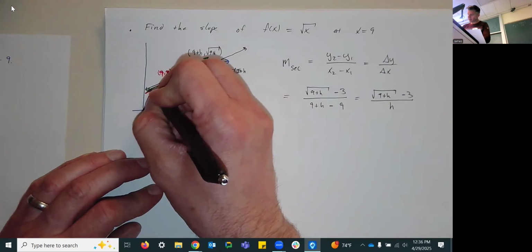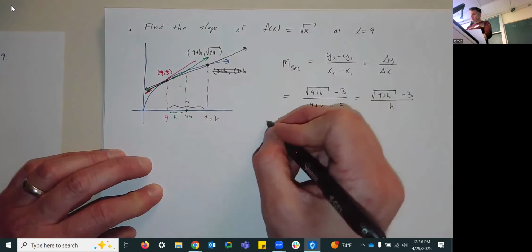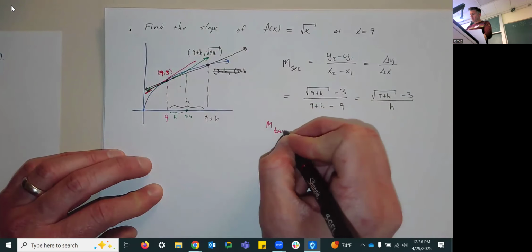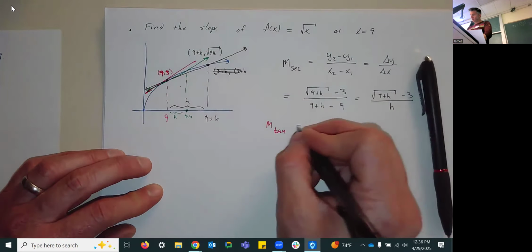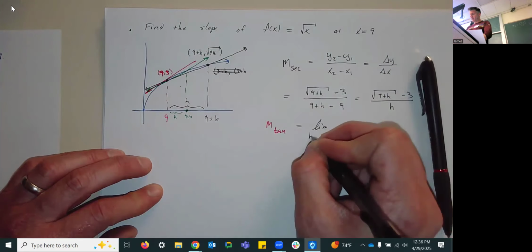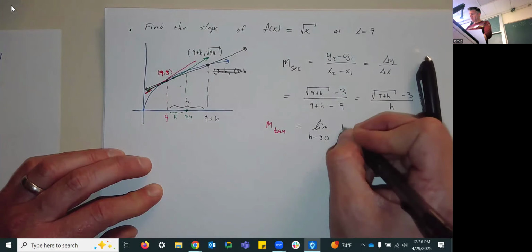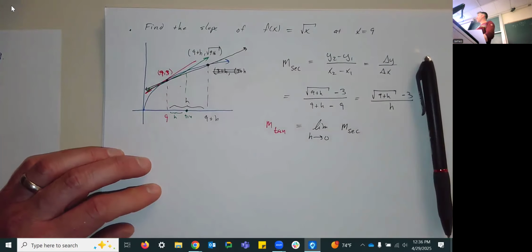So, for a tangent line, which I didn't draw again, sorry. But to find the slope of our tangent line, we're going to say that it's equal to the limit as h approaches 0 of the slope of our secant line.